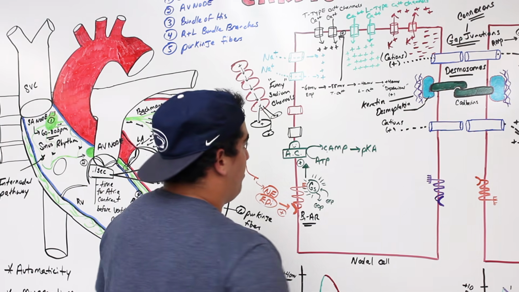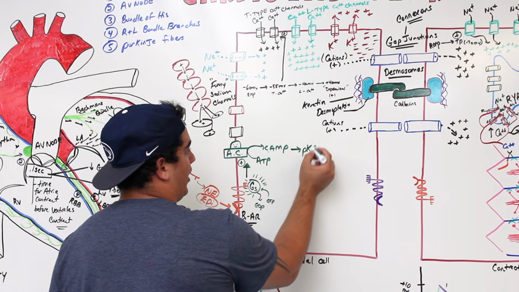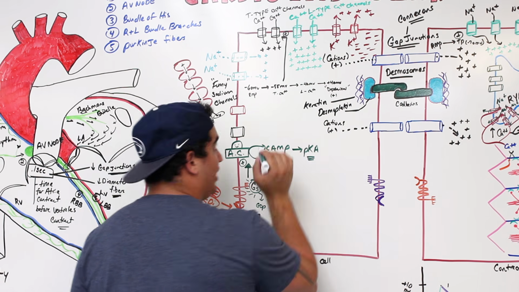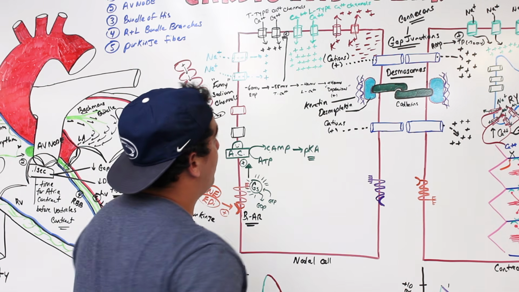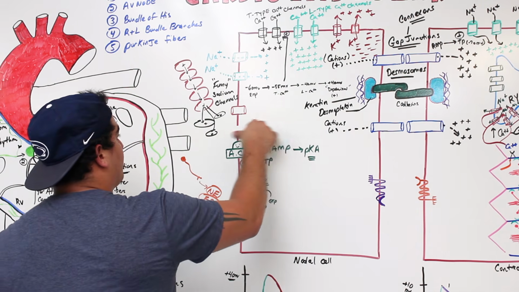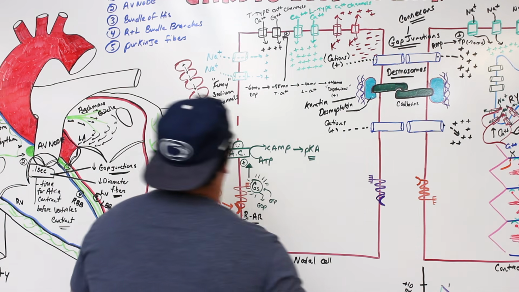If you remember, we talked about this a little bit in the blood pressure regulation video, but protein kinase A can target special protein channels. You see these green channels up there? Those are L-type calcium channels. Let's say I put these L-type calcium channels right here on the cell membrane.